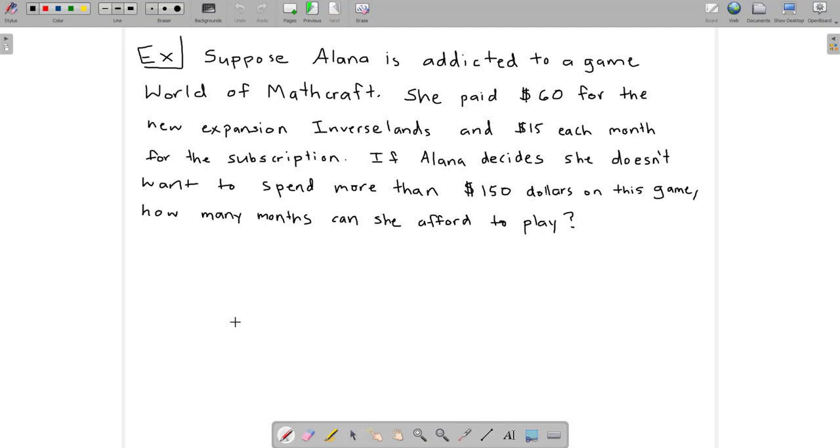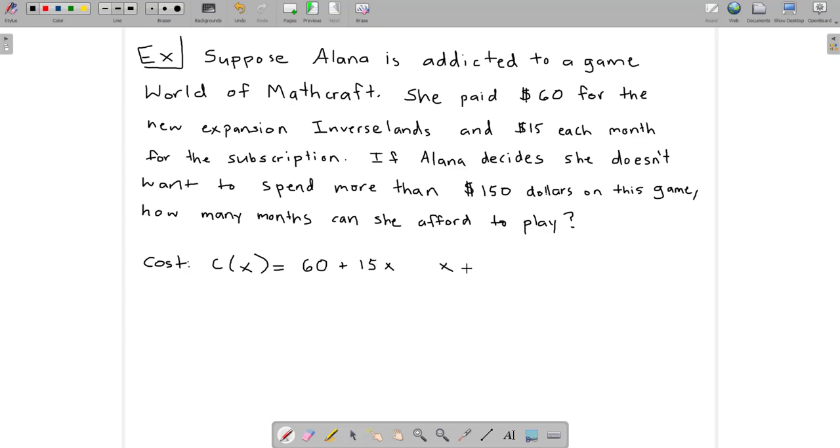Okay, so we're going to be using inverse functions here to figure out how many months I can play, because we can first write a cost function. So let's do that. The cost, c of x, the amount that I spend on this game, $60 up front, right, to pay for Inverse Lands, and then $15 each month.